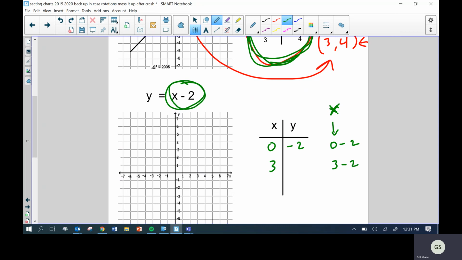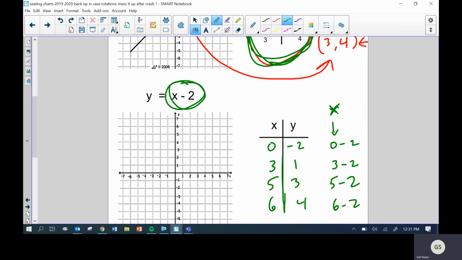My equation never changes. So the subtract 2 will happen every single time. So 3 subtract 2 is 1. I could skip over and pick a 5. 5 subtract 2, again, the subtract 2 never changes, is 3. And lastly, I'll pick a 6 there. And 6 subtract 2 is 4.